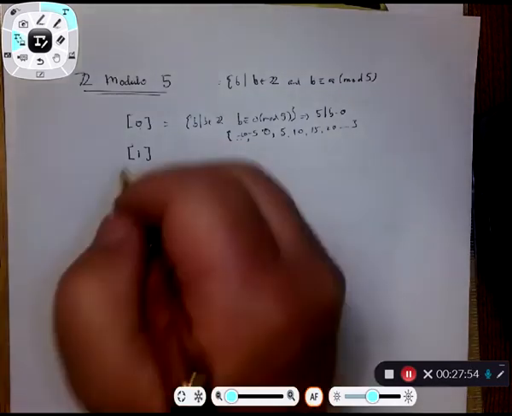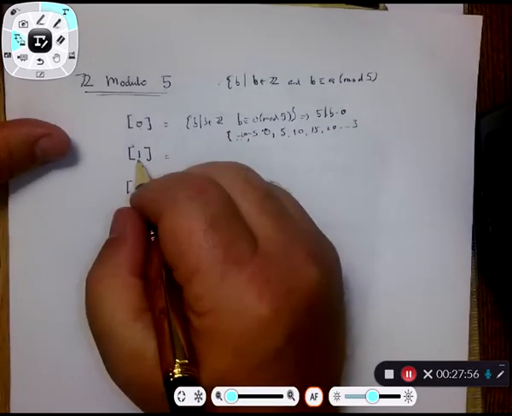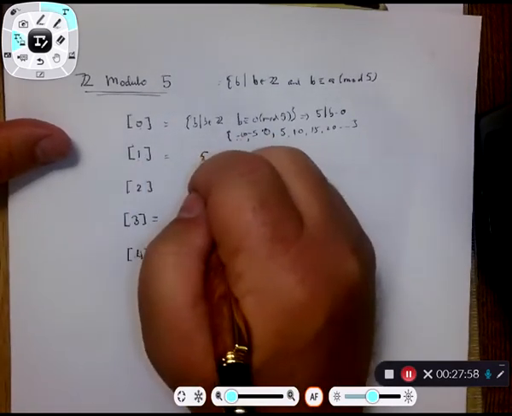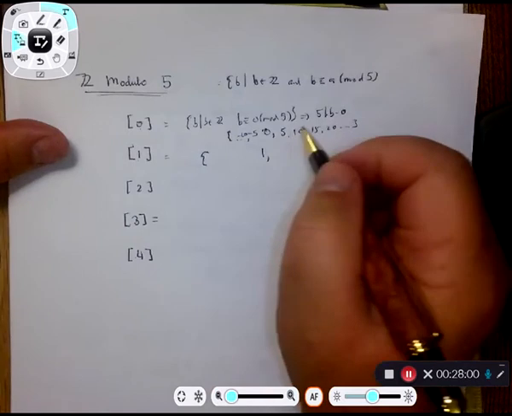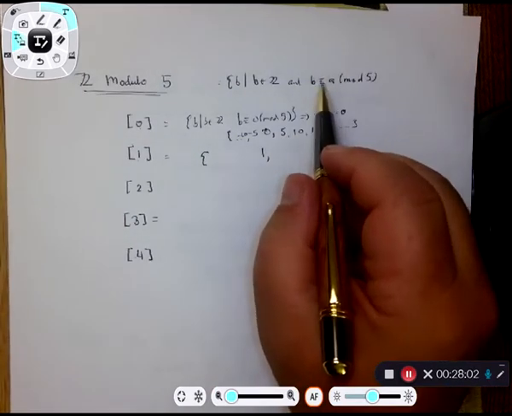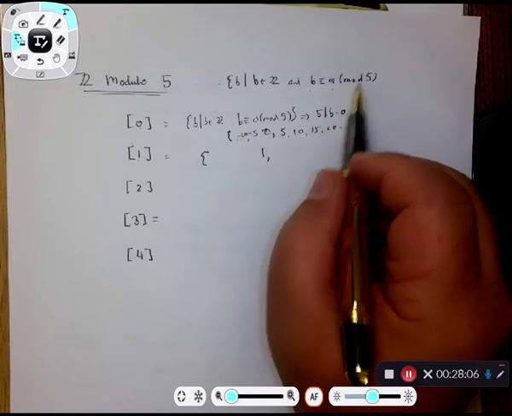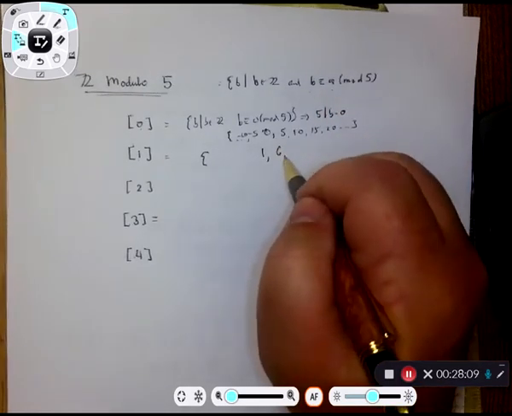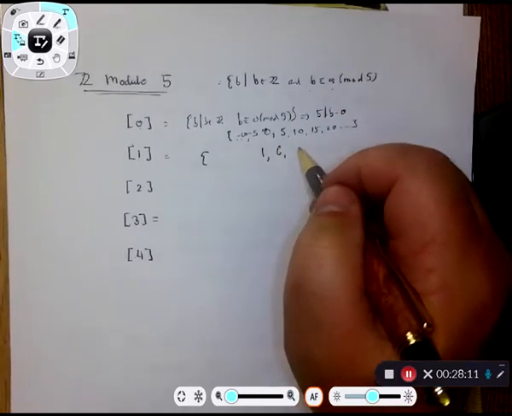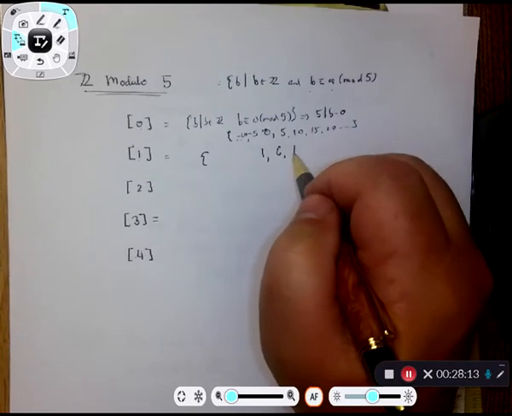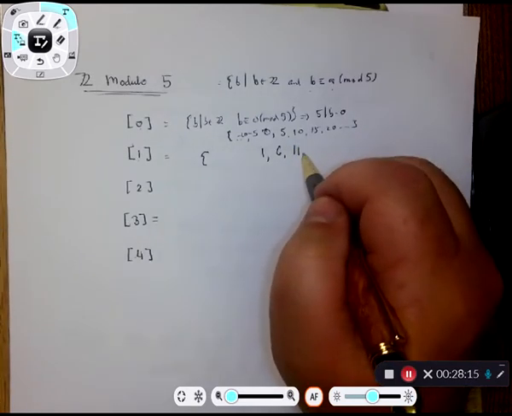What about equivalence class 1? Well, you're going to be in your own equivalence class, and then basically B minus 1 has got to be divisible by 5. So the next one would be 6. 6 minus 1 is divisible by 5. The next one is going to be 11. 11 minus 1 is divisible by 5.